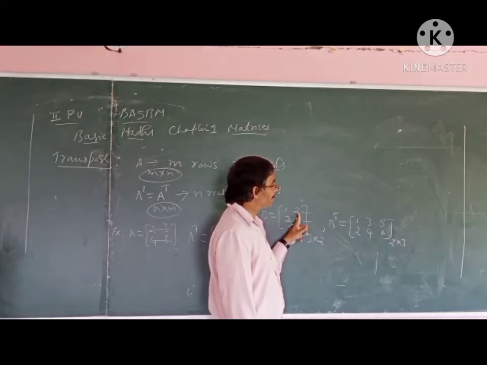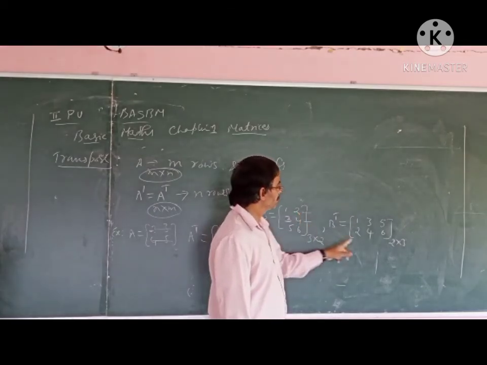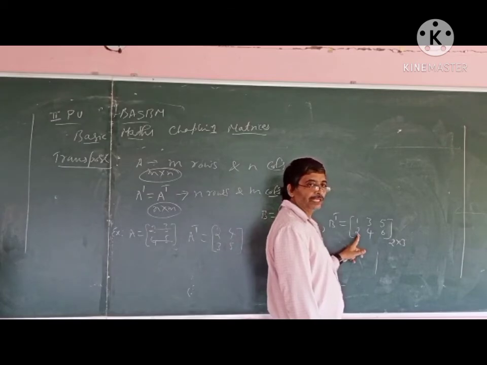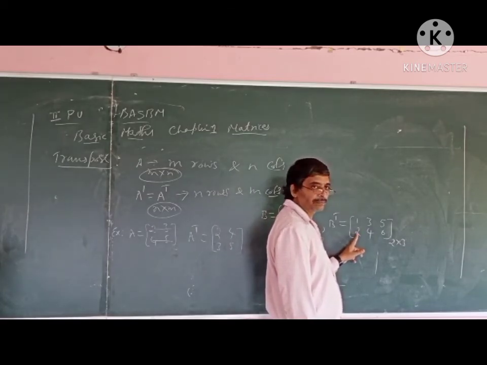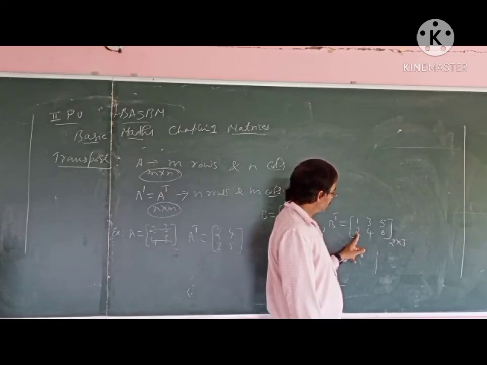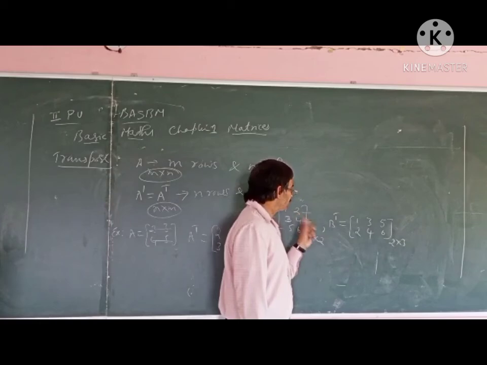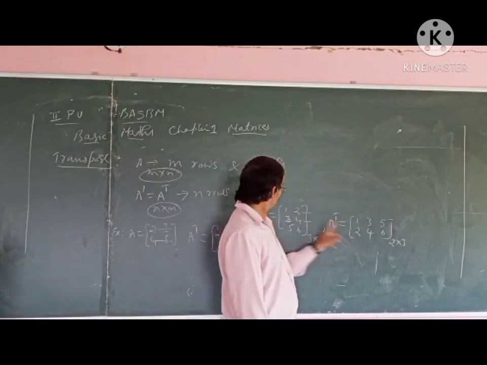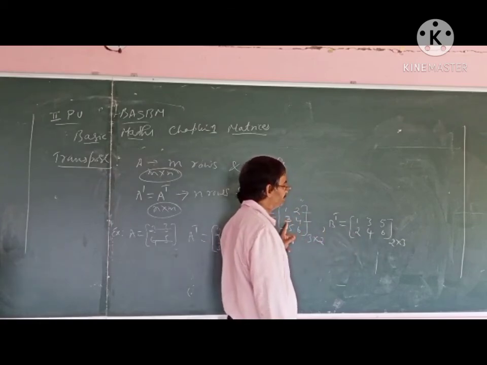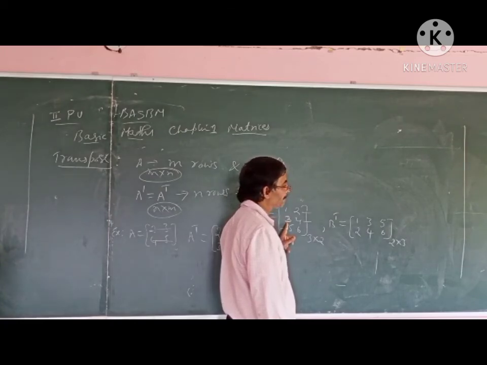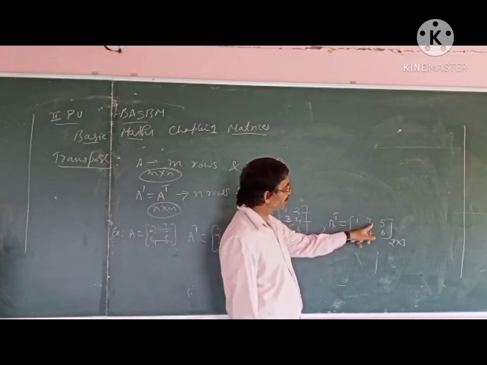That will become B21, second row, first column. B21 means second row, first column. That you have to remember. So B12 will become B21. Here B21, second row, first column, will become first row, second column.